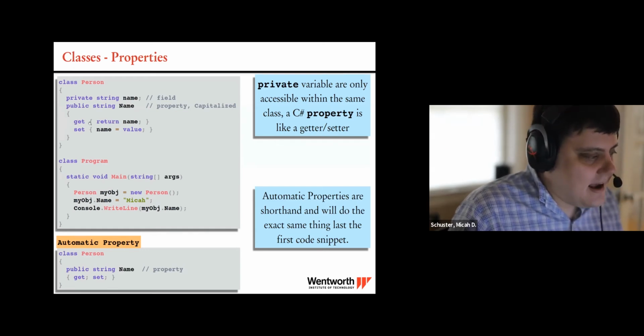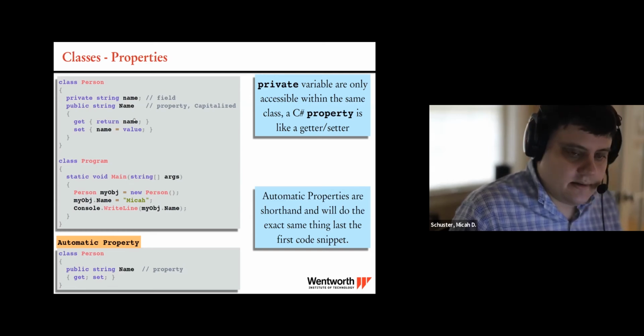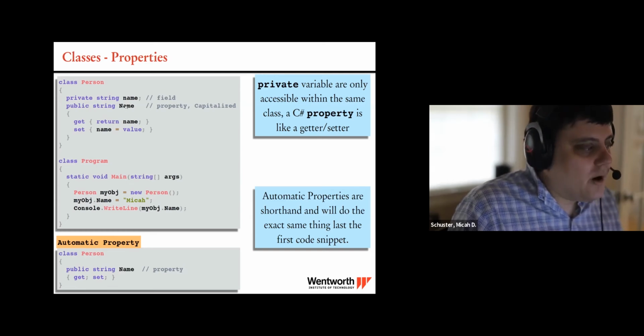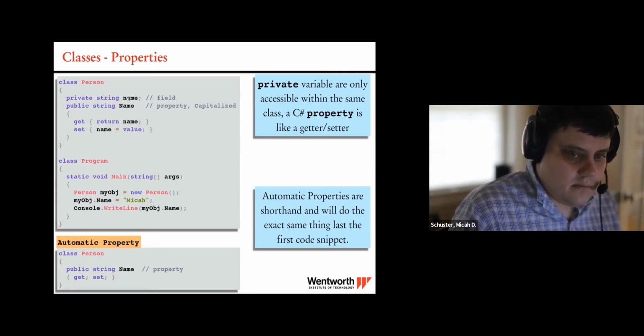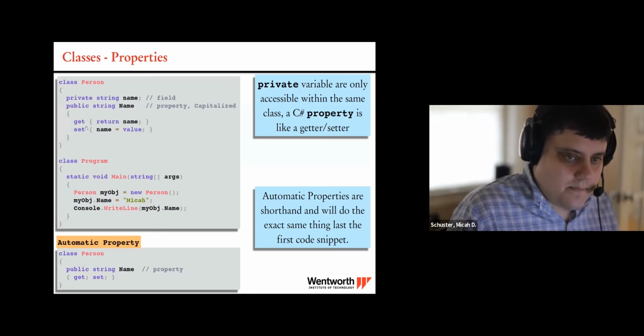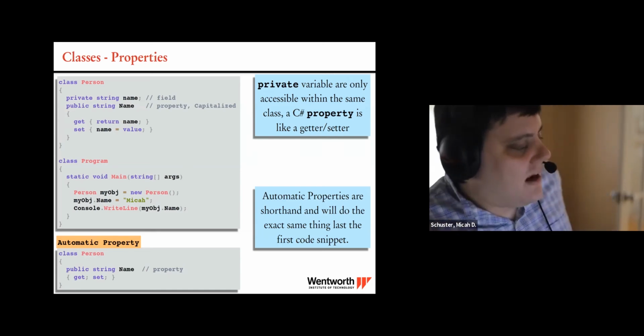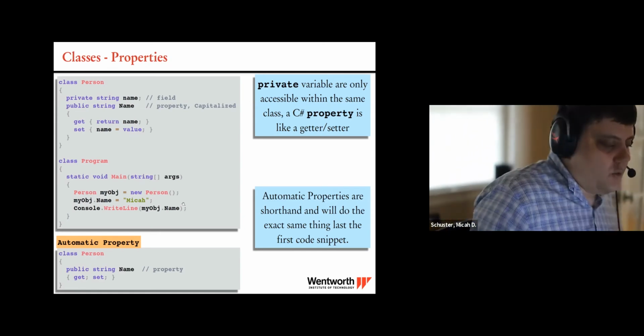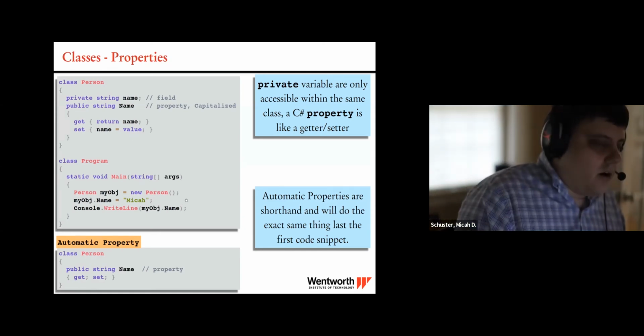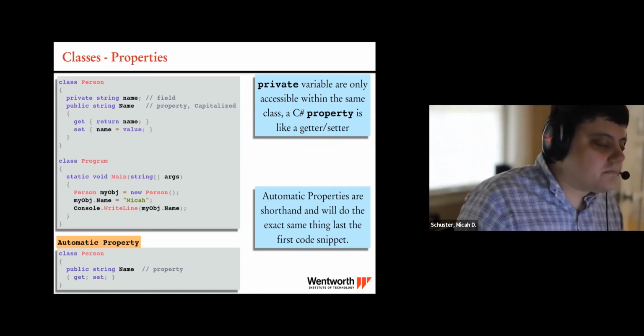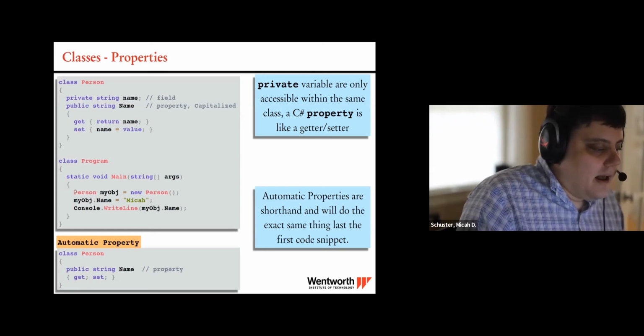And then we say get and set, and we put what we want to do with the get and set into brackets. So if we want to get the name, it's just going to return the lowercase name. If we want to set the name, it's going to say name equals some value. This might look a little weird, but I'll show you how to use it in our actual code too. But here's sort of an example.